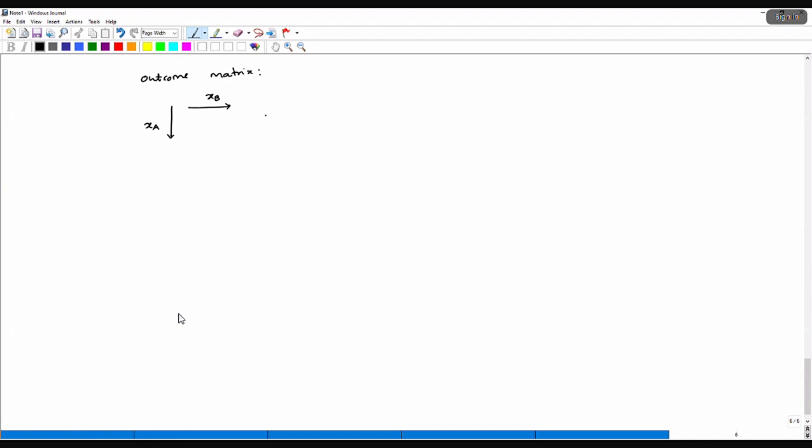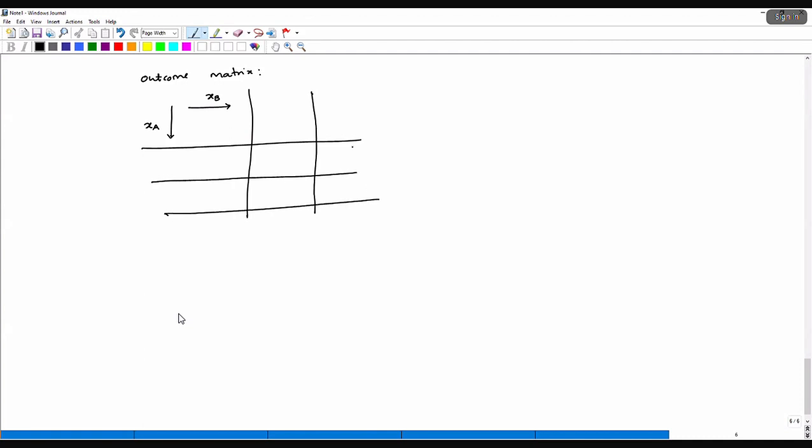So I have xa with high value and low value in this direction, and xb with high value and low value in this direction. So from the previous slide, you can say the outcome when xa and xb are high is y1.